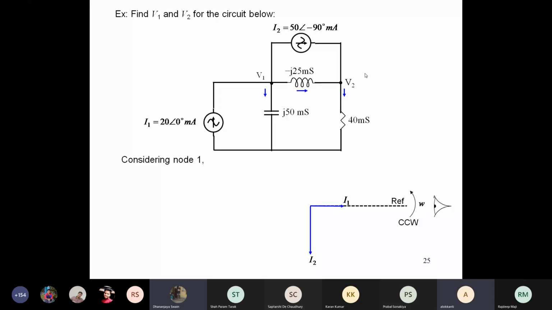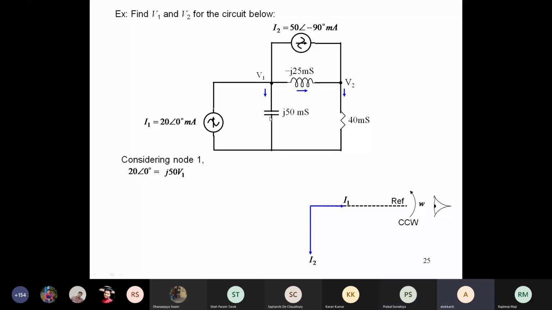So all of your equations, if they are not correctly written, you will get a wrong answer. Suppose at node 1, what is happening? The current going in is this current I1, and all the other currents are going out. So this 20 angle 0 is equal to the first current going out, j5 into V1.